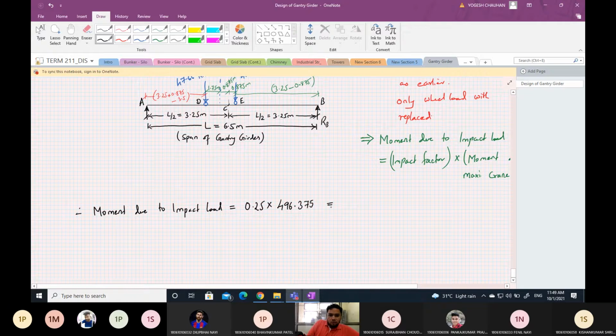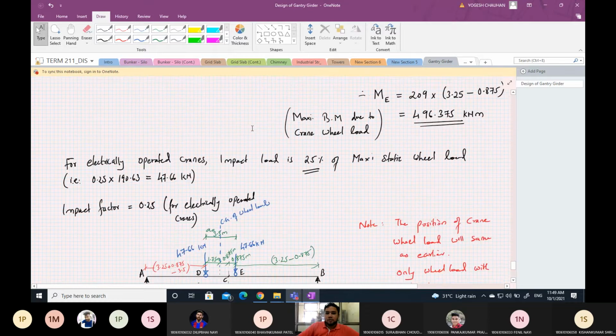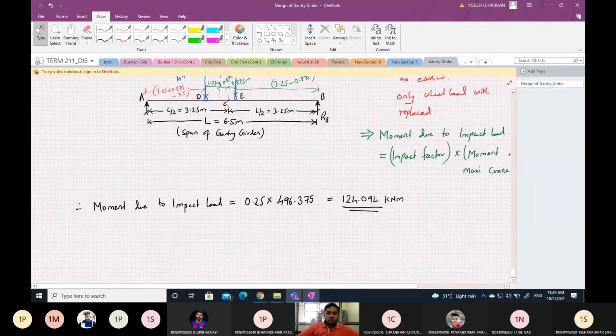This will give you 124.094 kilonewton meter moment. Okay, so this is due to the impact, and this is due to the position of the crane wheel load.